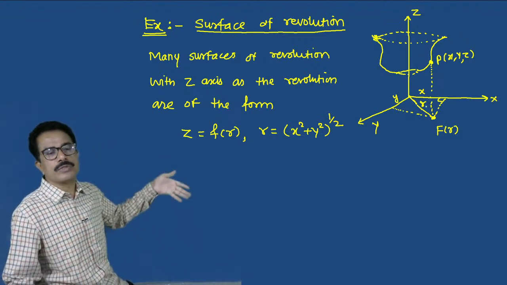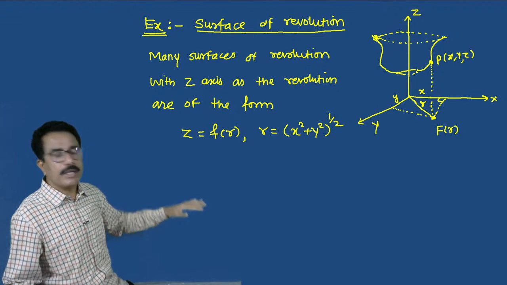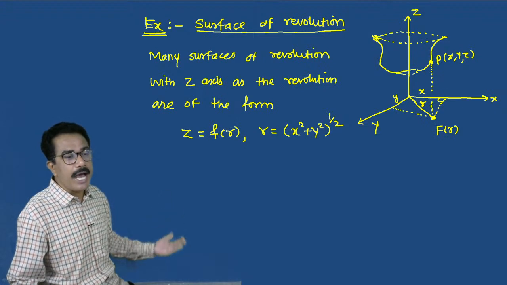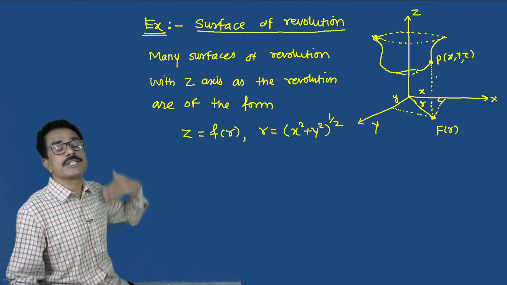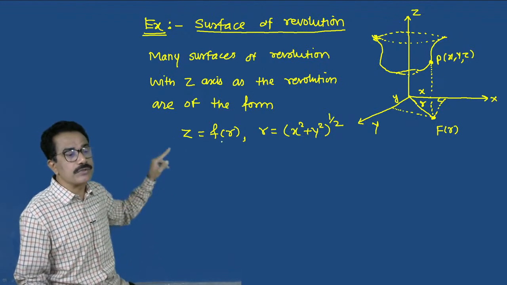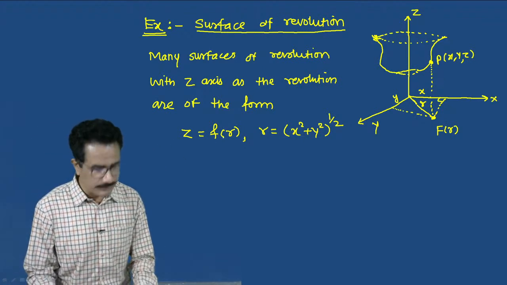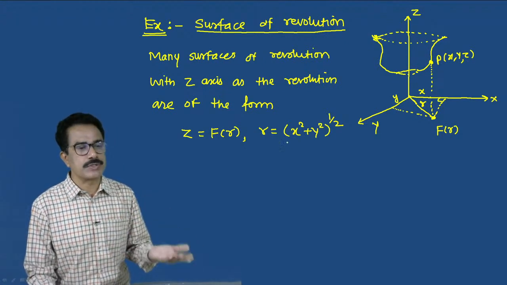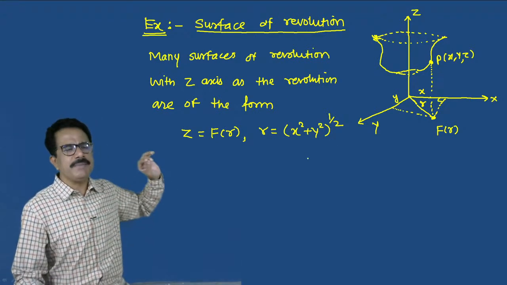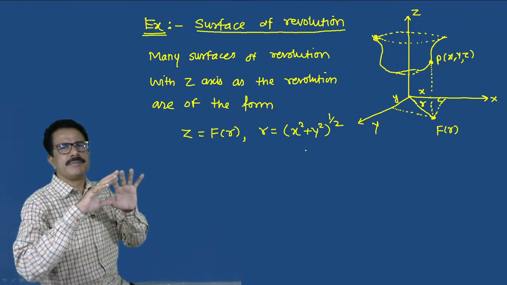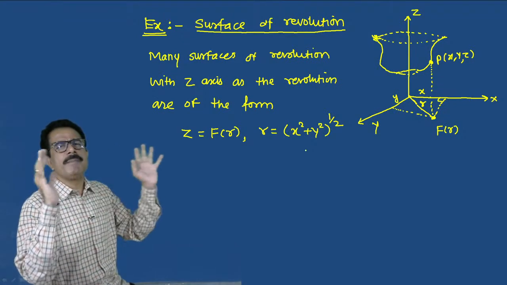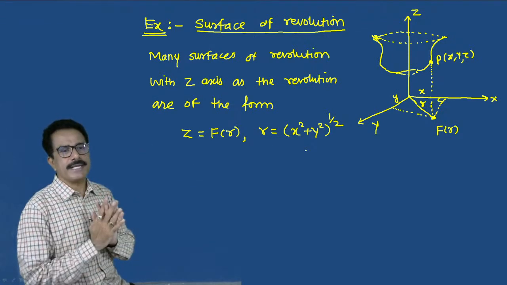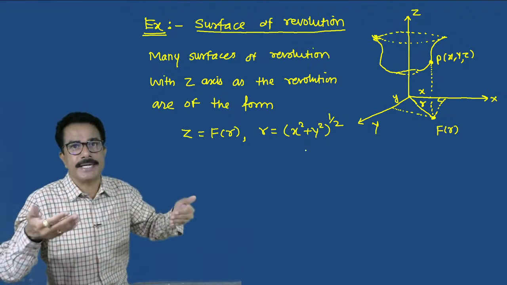Find r by the Pythagoras rule, the diagonal of the base of a right angle triangle, which is denoted by r, and this r is the function from which we can express z. So z is equal to a function of r, we take it as capital F of r, where r is equal to root of x square plus y square. That means we can express a number of functions, many surfaces which are revolving about the z-axis.